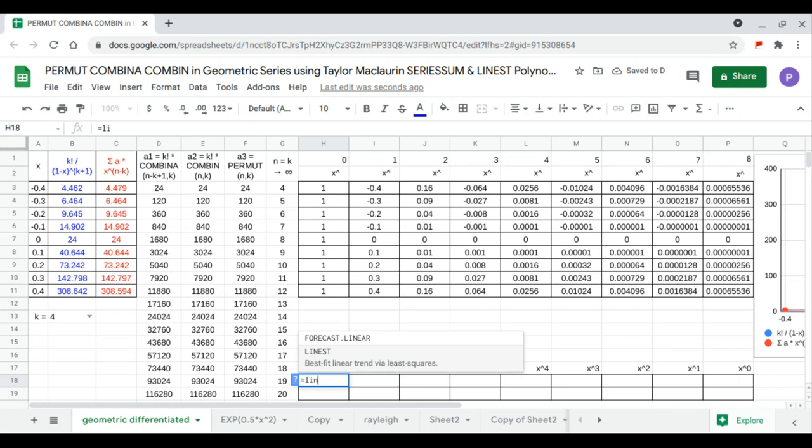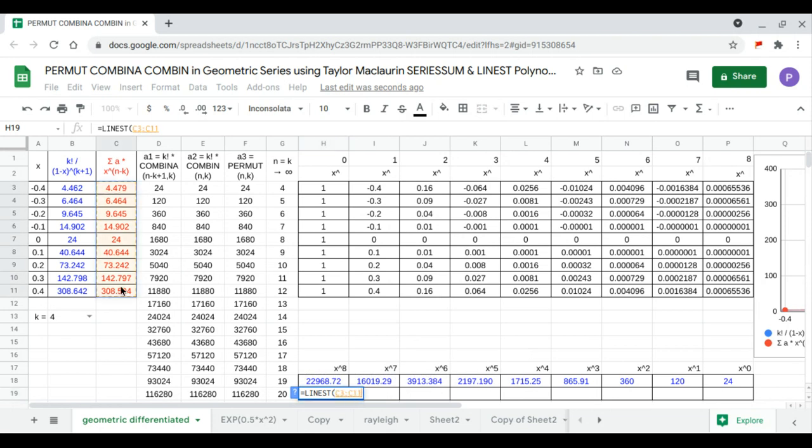So LINEST data y and data x. Then enter. Then the expansion. So LINEST data y and data x. Enter.